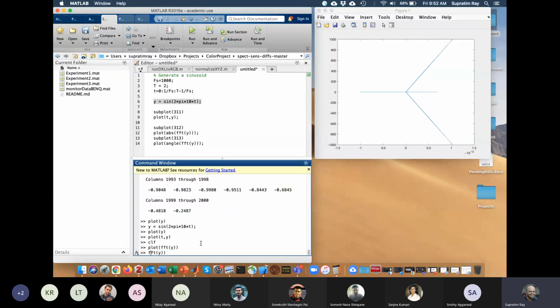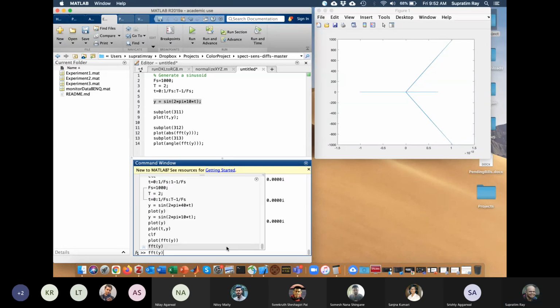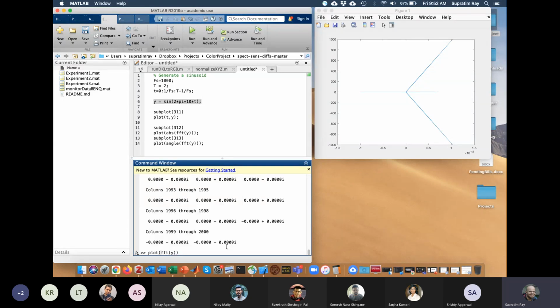FFT of y, if I just do this, it has 2000 components, but they're all complex. So I ought to plot the absolute value of the FFT of y. But even then, what is this thing showing? It's actually just showing something weird because if MATLAB sees a complex number, it plots it in the real-complex domain. So it makes it weird.